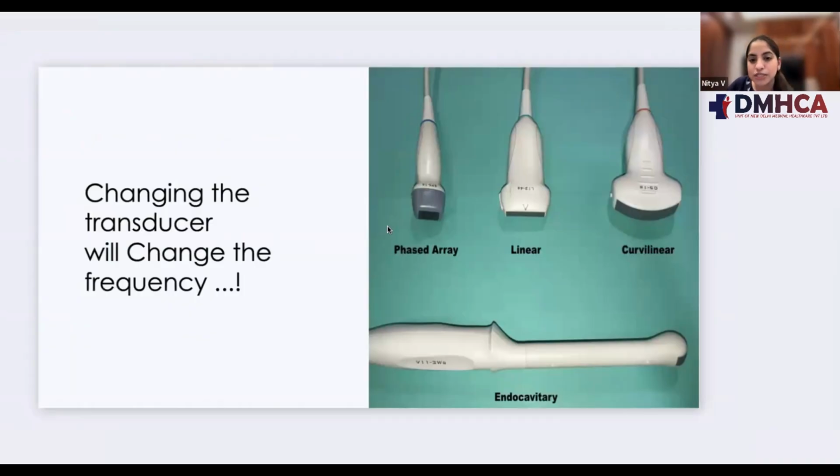So we often come across different probes. They are known as the transducers and the probes. By changing the transducer, we will change the frequency. Every probe has a different frequency, and by using those frequencies, we will analyze what the use of that probe is. So first of all, the phased array probe.